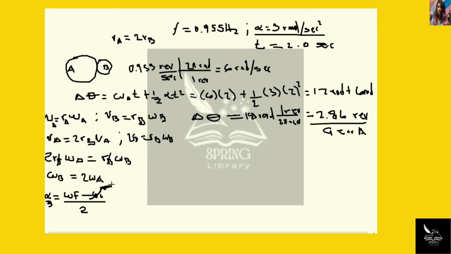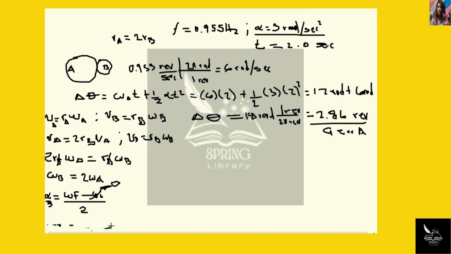This is going to be 0 if we assume that we are starting from rest, and omega final for gear B is going to be 2 times omega A, and omega A we found to be 6 radians per second.